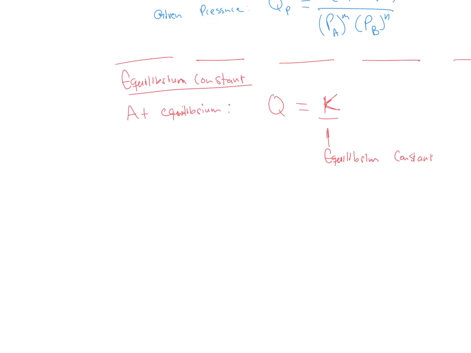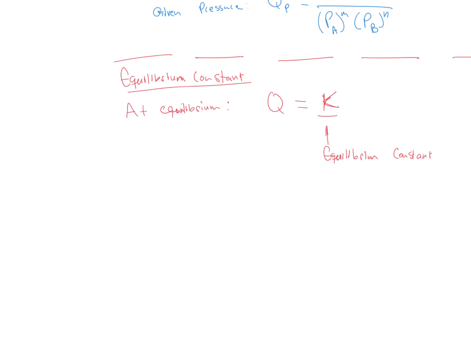And so you might imagine the equations are exactly the same. Kc, if you're given concentrations, is equal to, if you're using that exact same reaction scheme as before, concentration of C raised to the X power, concentration of D raised to the Y power, divided by concentration of A to the M and concentration of B to the N, specifically at equilibrium.